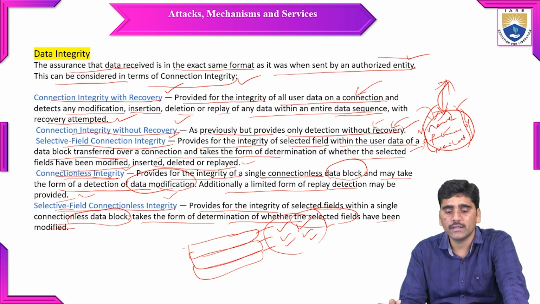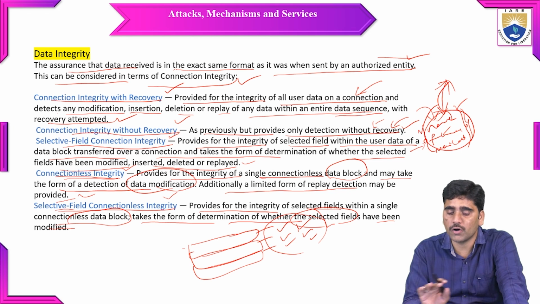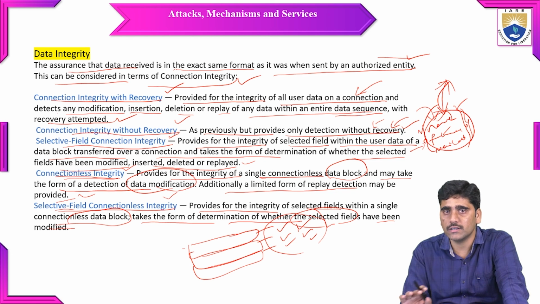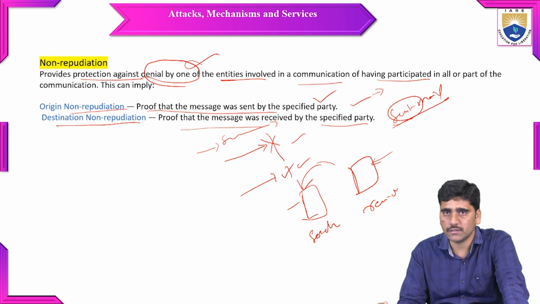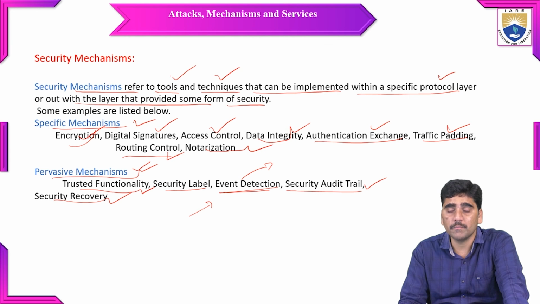Data integrity gives the assurance that the data is not modified, deleted, or inserted, so the exact data you send reaches the receiver without any duplication or loss of originality. And non-repudiation provides protection against denial.